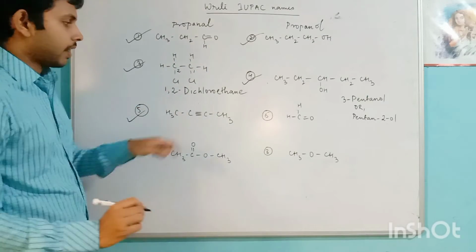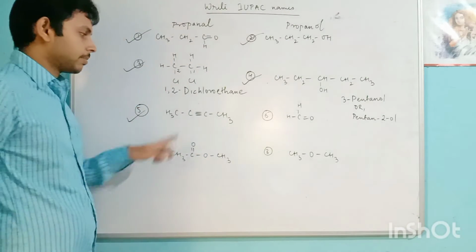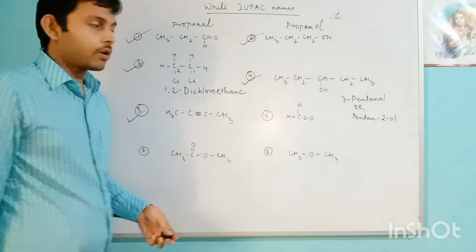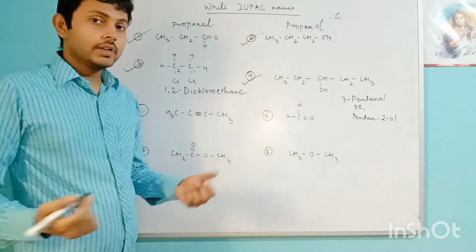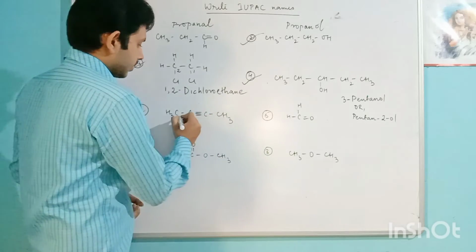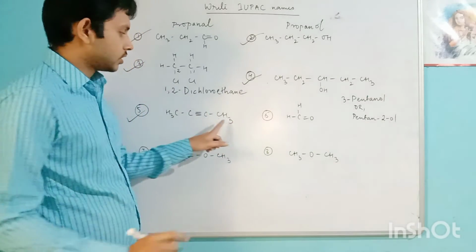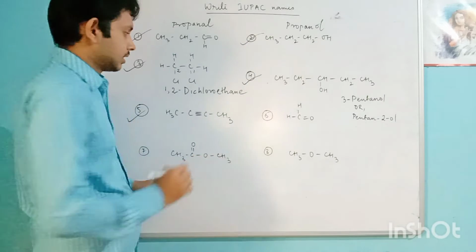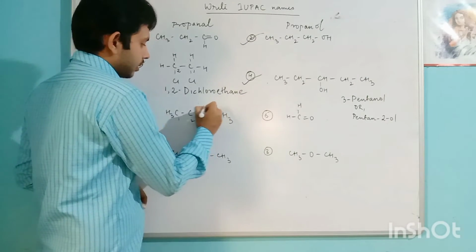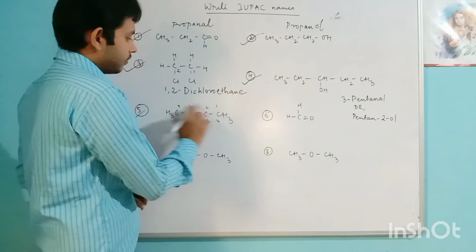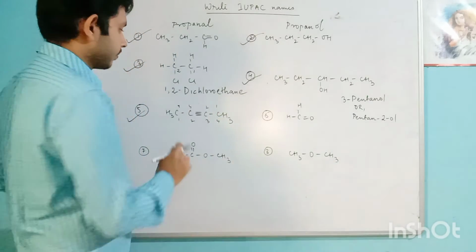Now next number is 5. Now here you will see triple bond. So triple bond means alkynes. So how you will write the names? You see from which side the triple bond is closest. I think it is same from both the sides. Okay, so it doesn't matter from which side you do numbering.